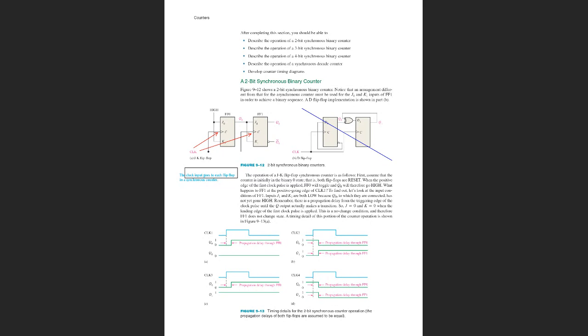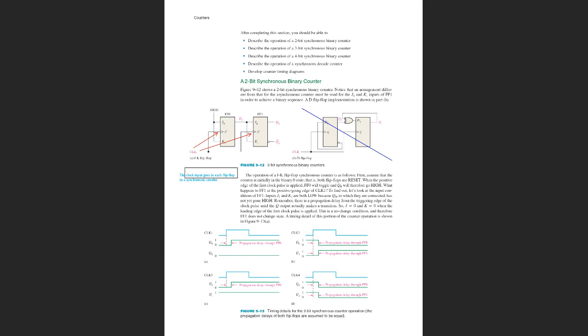Now clocks are common. So whenever a clock has a positive slope, the flip-flop is toggling. FF0 is always toggling, while FF1 is toggling only if Q0 is 1.